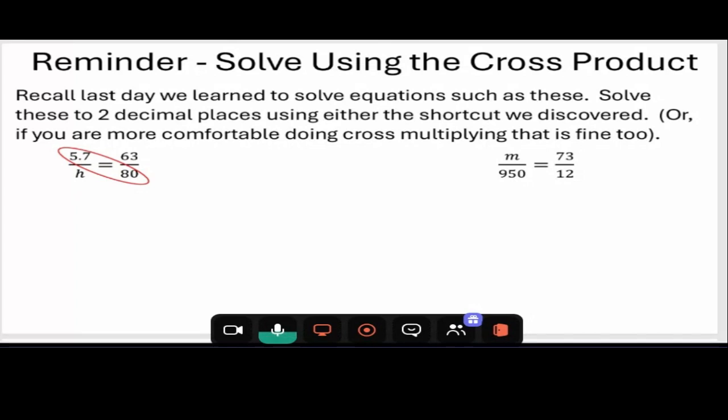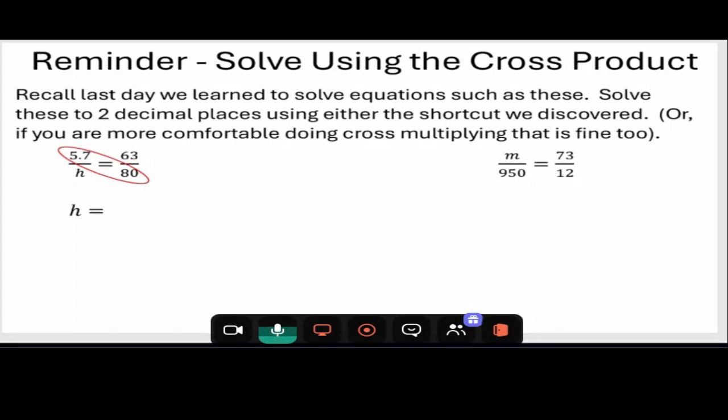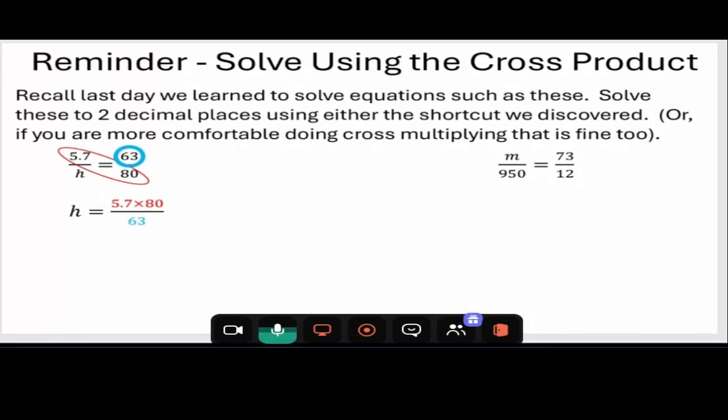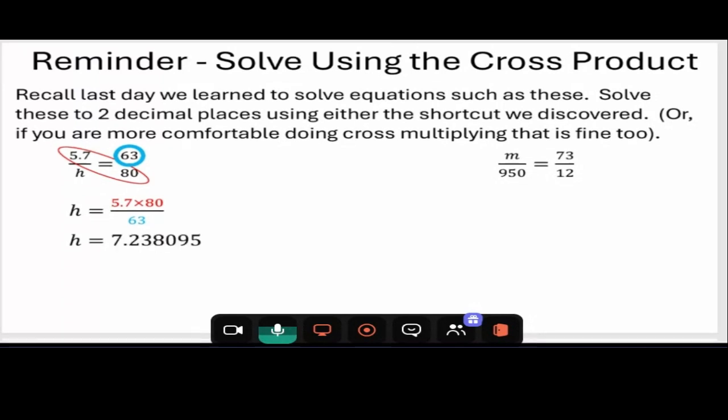And the variable h will be equal to those two multiplied together, divided by the other one, which I've circled in blue there, like so. And that is the quick way to do this. And if you punch that into your calculator, you get 7.238095. Does it give us? Yes, it tells us to 2 decimal places you see up here. So I'm going to round this. Look at that 3. The next digit is an 8, so it rounds up to a 4, like so.